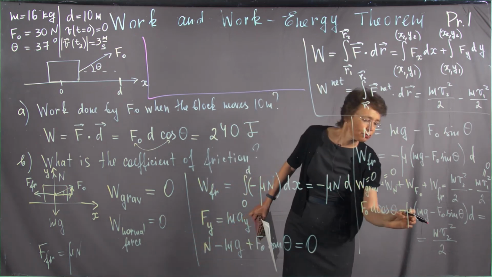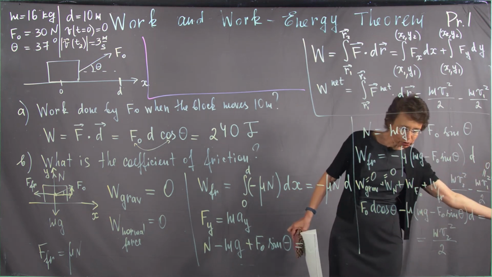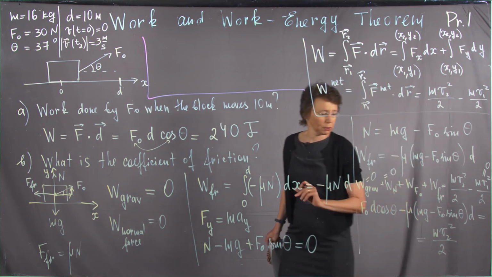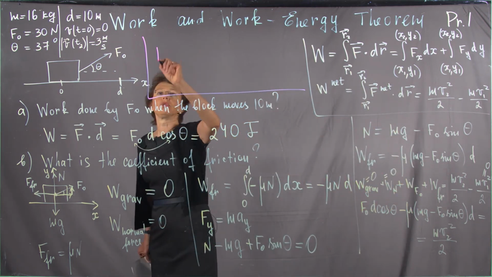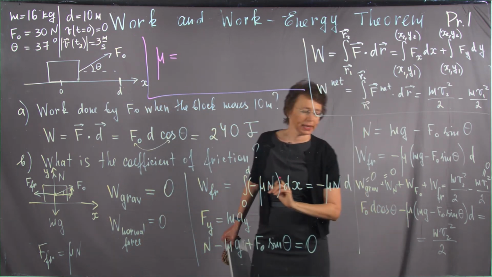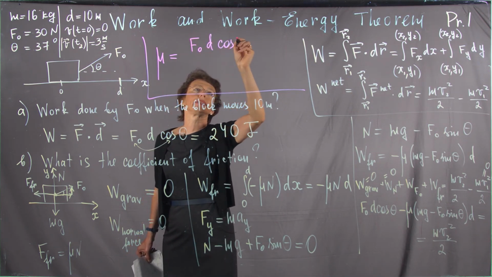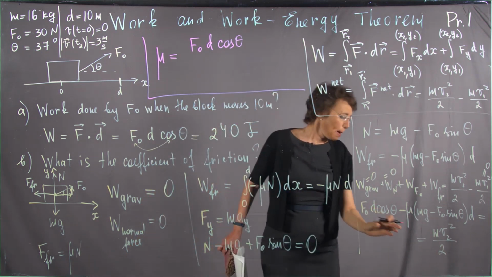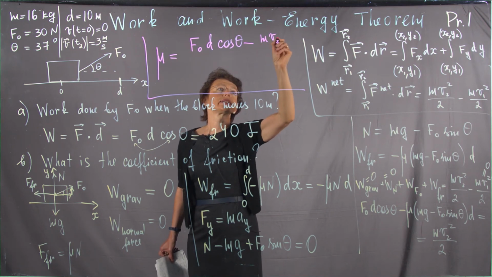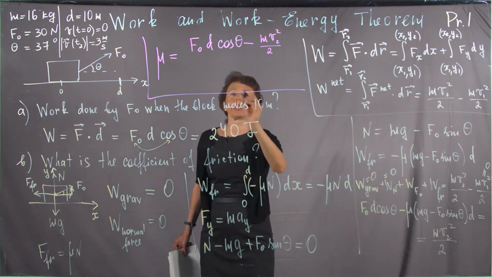So what is the coefficient of friction? I can move this guy to one side of equation with plus, then this guy will come here with minus, and mu will be F naught d cosine theta minus m v2 squared over 2, and divide by all this.